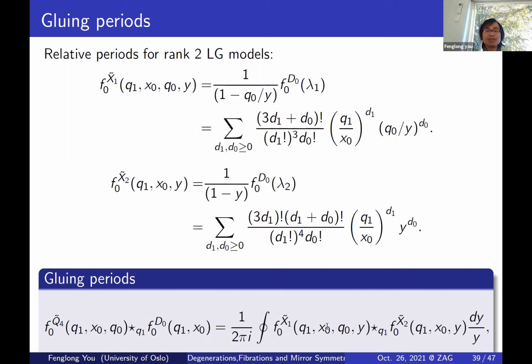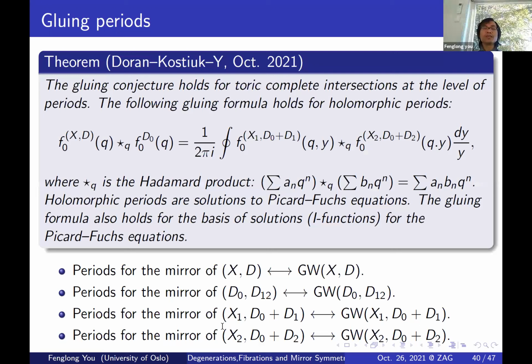We have a Hadamard product relation with this residue integral. And now in this case, we have relative periods for the pair XD and periods for D0 and D12.